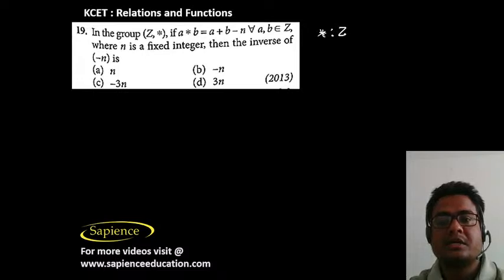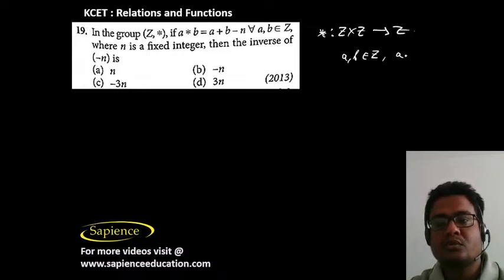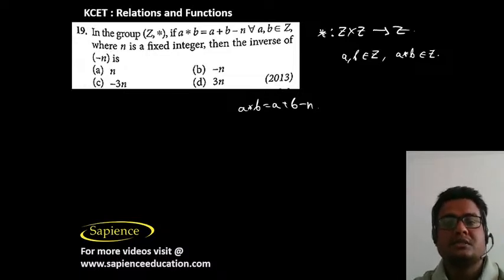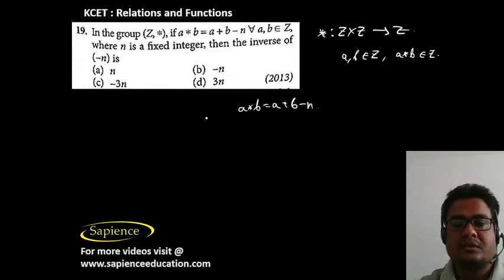It means star maps from Z cross Z to Z. A and B should be all integers, and the output, which is A star B, should also be an integer. Here A star B is given as A plus B minus n, where n is a fixed integer, then find the inverse of minus n.